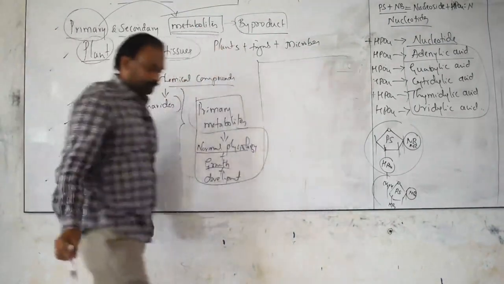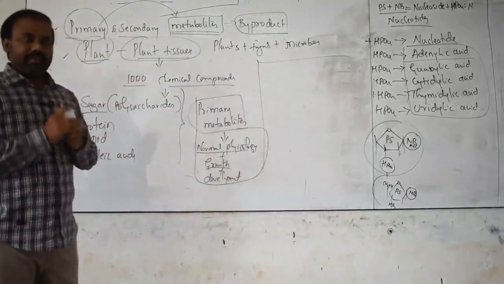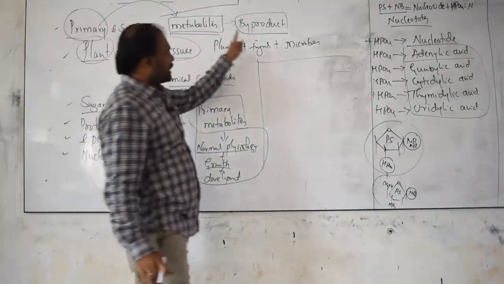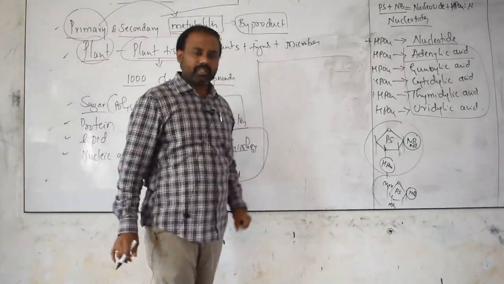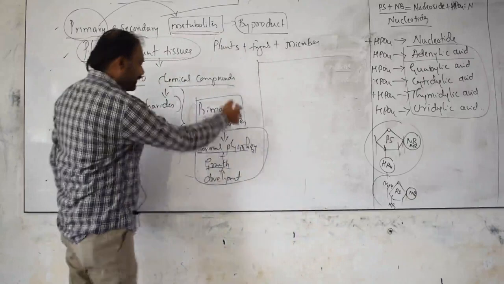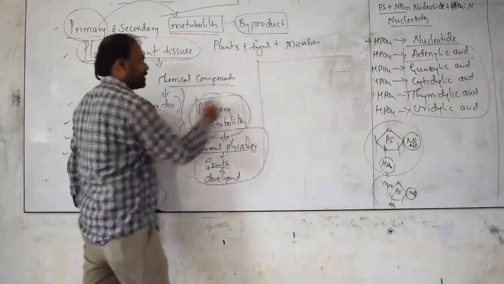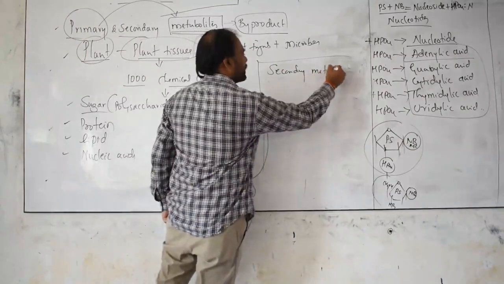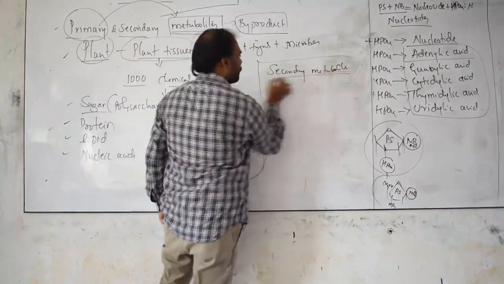And the second one is that those chemical compounds which are synthesized by the plants, fungus and microbes, which are other than primary metabolites, are called secondary metabolites. Clear?